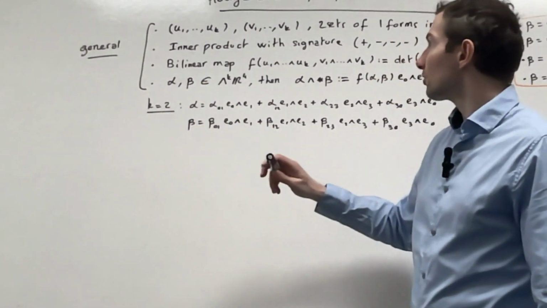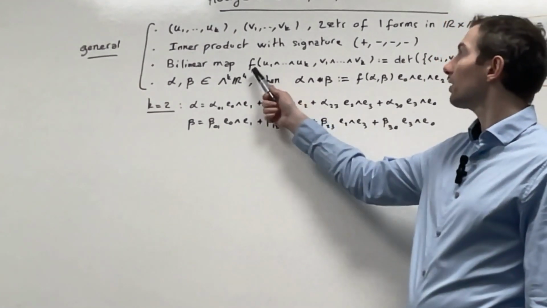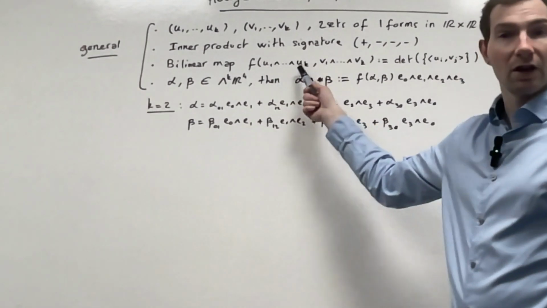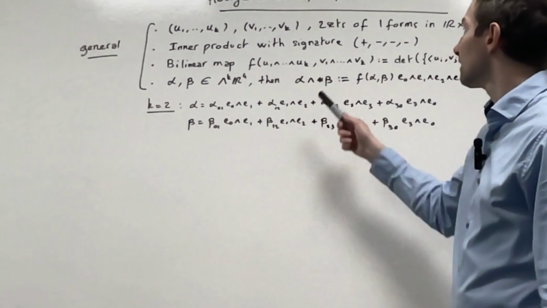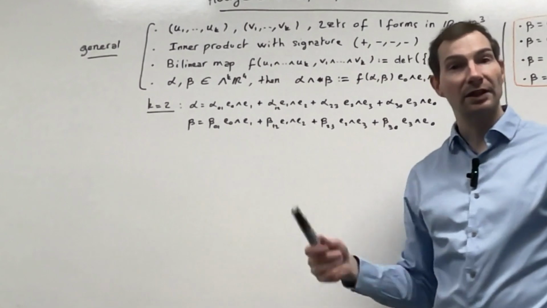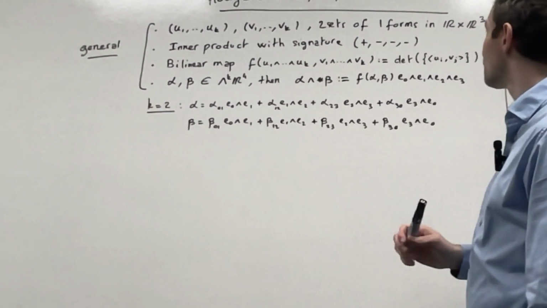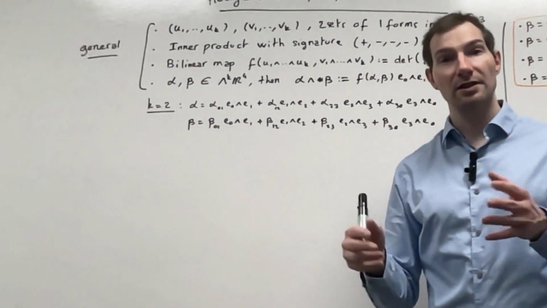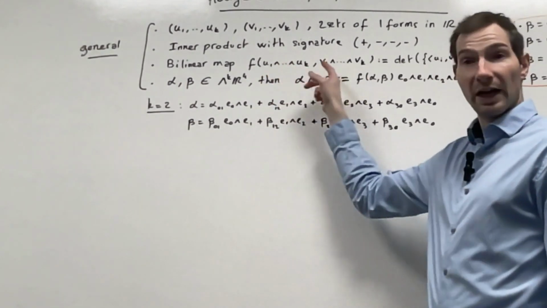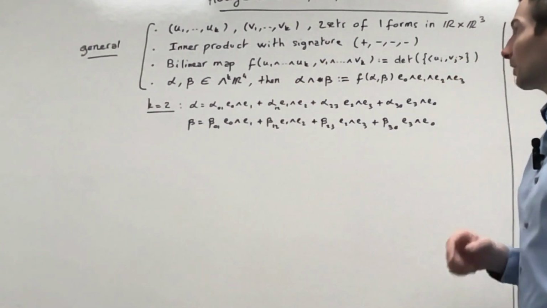Now you've also got a bilinear map, which is a bit more complicated looking, whereby if you take the wedge product of these k vectors in the first slot, and the wedge product of k vectors of another set in the second, then this is equal to the determinant of the matrix made out of the inner products of the different pairs you can make between these vectors.